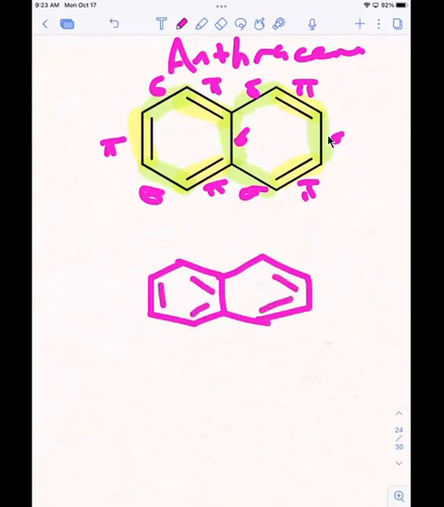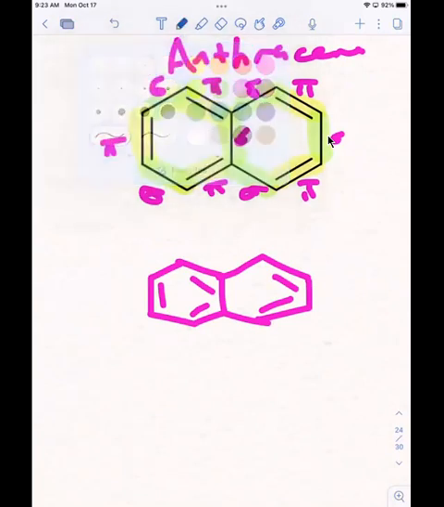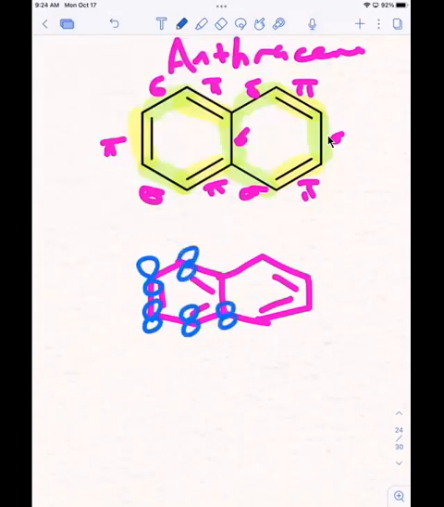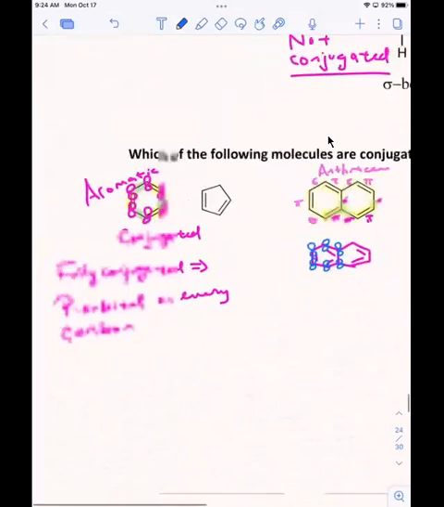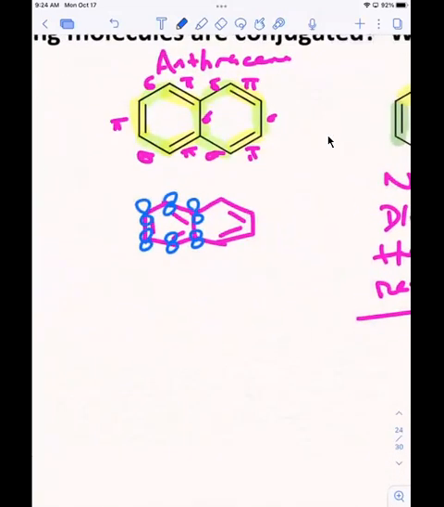And this is important because when we start covering aromatics, full conjugation is going to be a requirement for aromatics. Can you repeat what you just said? About the aromatics? Yes. So this is an example of an aromatic just like the first one, and one of the requirements to be considered aromatic is to be fully conjugated.